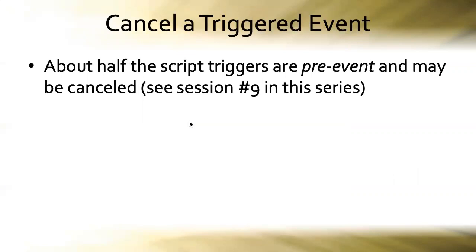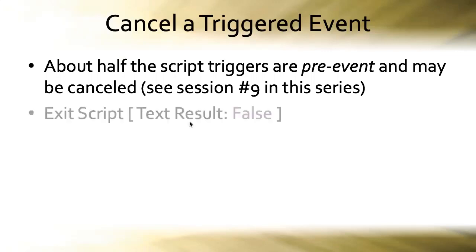So we see that, to summarize how to cancel a triggered event, about half the script triggers that we have in FileMaker are pre-event and may be canceled. And please see the recording of session number 9 in this series for more information about script triggers. To cancel a triggered event, we use the exit script step and we pass back a text result of false or the number 0.